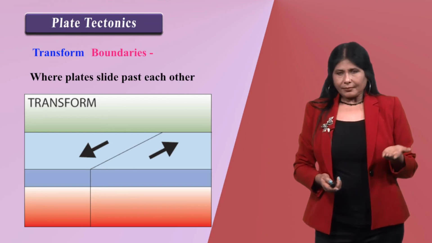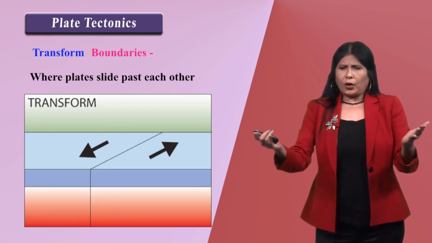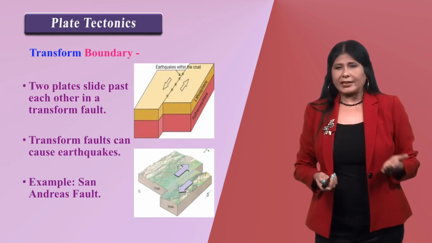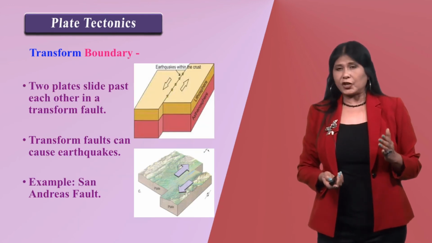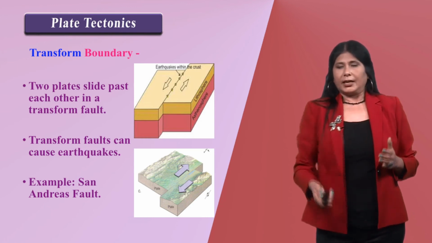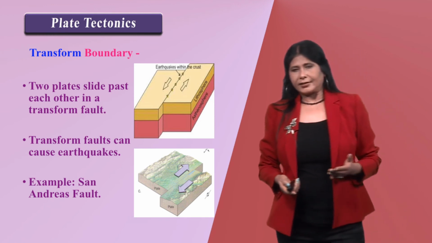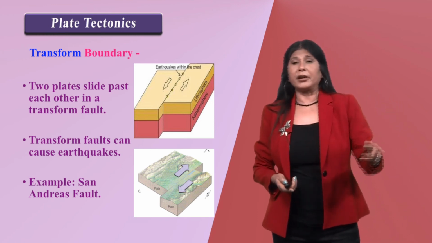And the transform boundary is a small boundary where two plates are just sliding past each other. The best cited example is the San Andreas fault, and it looks like this, where a river suddenly starts turning.